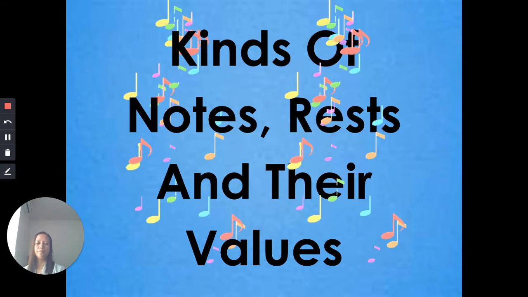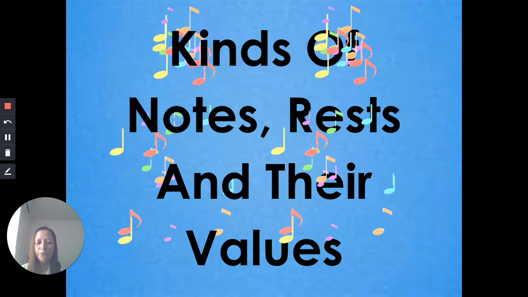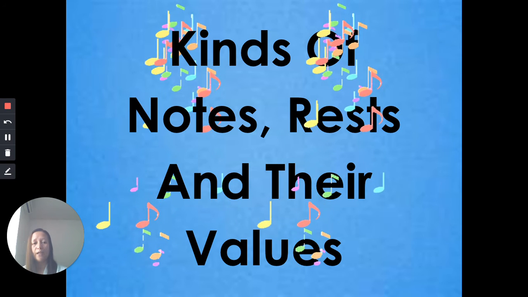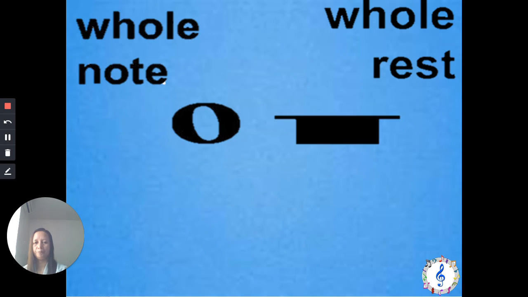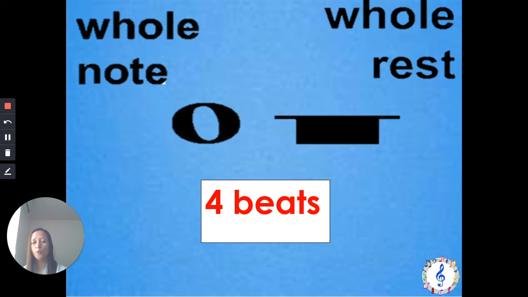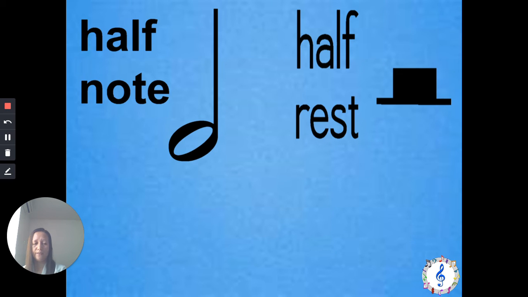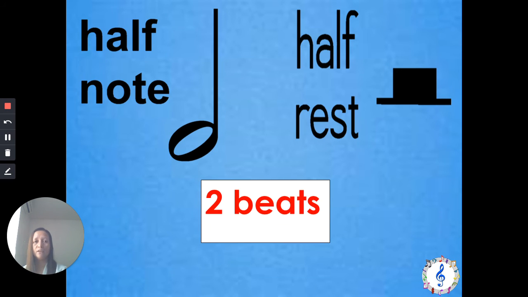Okay. These are the kinds of notes, rests, and their values. Whole rest is equivalent to whole note. The beat of this note and rest is 4 beats. Half note and half rest has 2 beats.